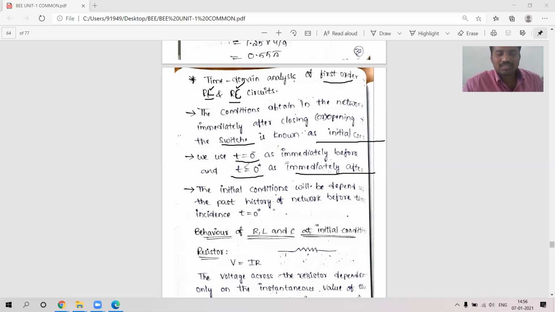For example, if I consider a mobile phone with 60 percent battery, we cannot discharge that 60 percent immediately; it slowly discharges based upon usage. So let us see what the initial conditions will be for resistor, inductor and capacitor one by one.